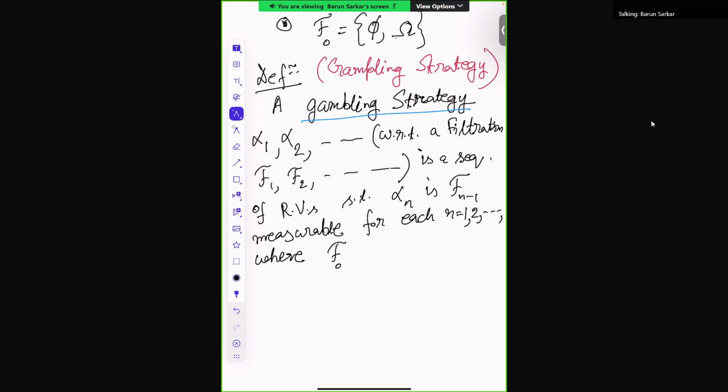And this F0 is equal to the empty set. I mean, this is trivial.